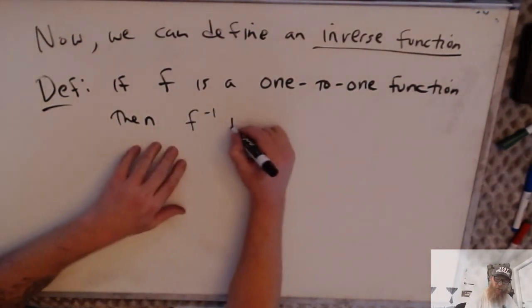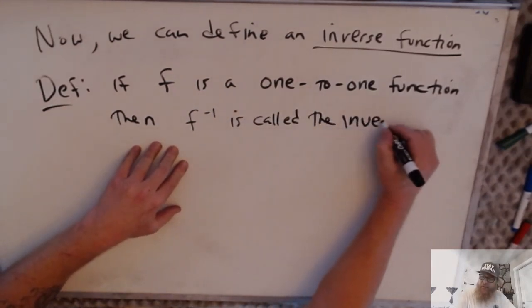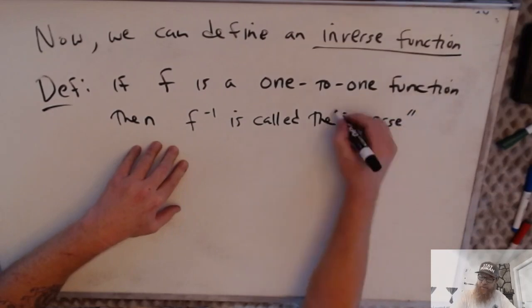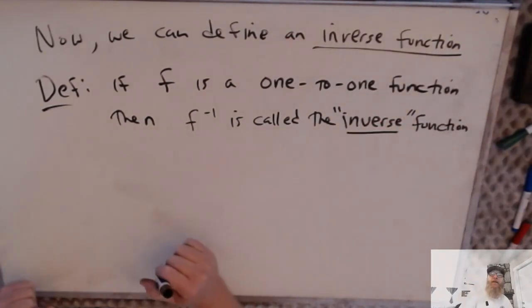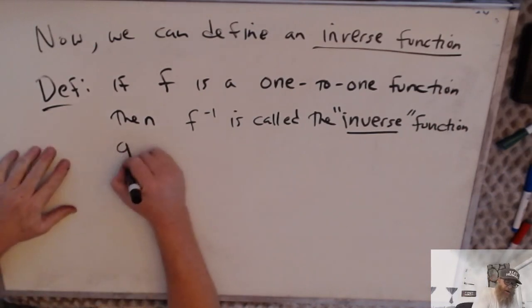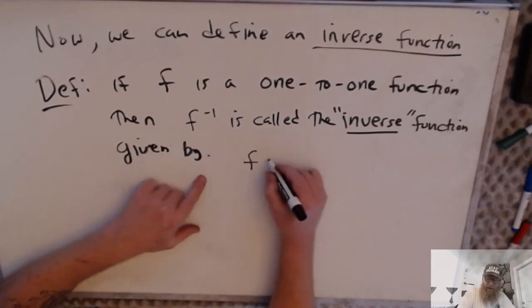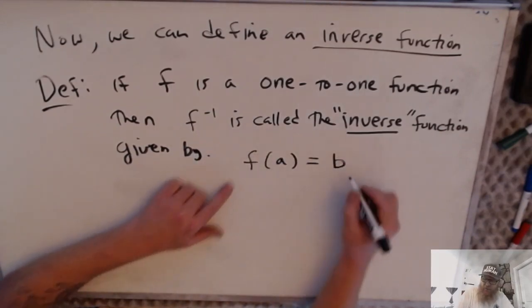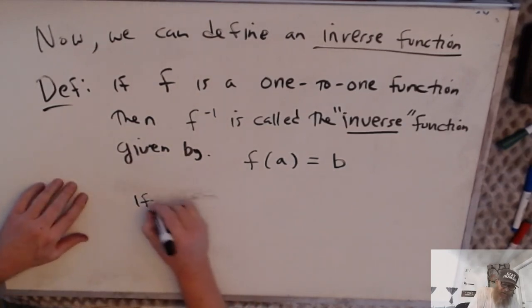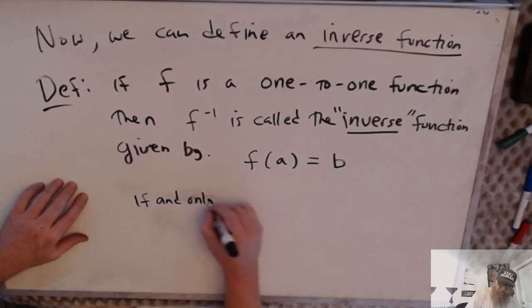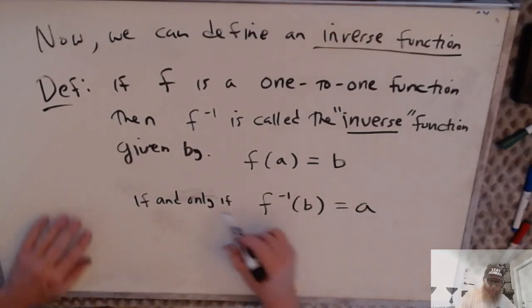Then f negative 1 is called the inverse function, given by f of a is equal to b if and only if f inverse of b is equal to a.